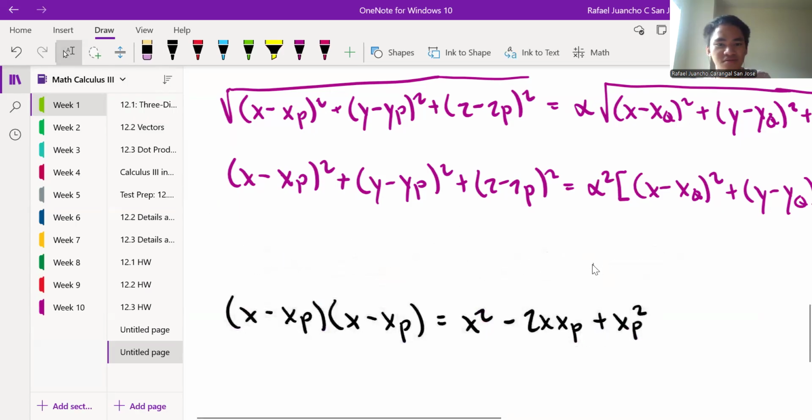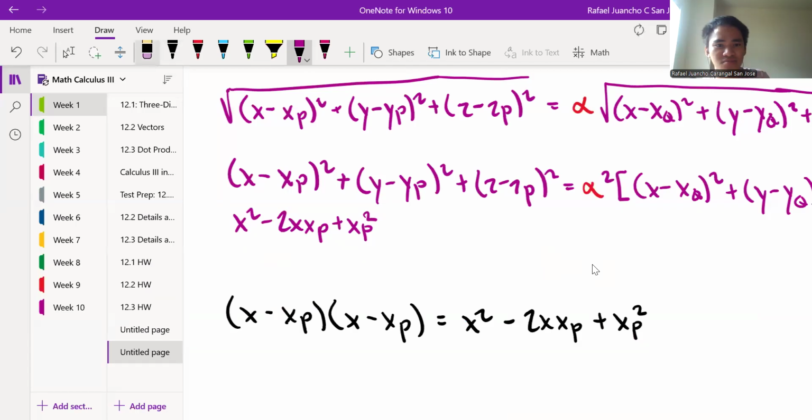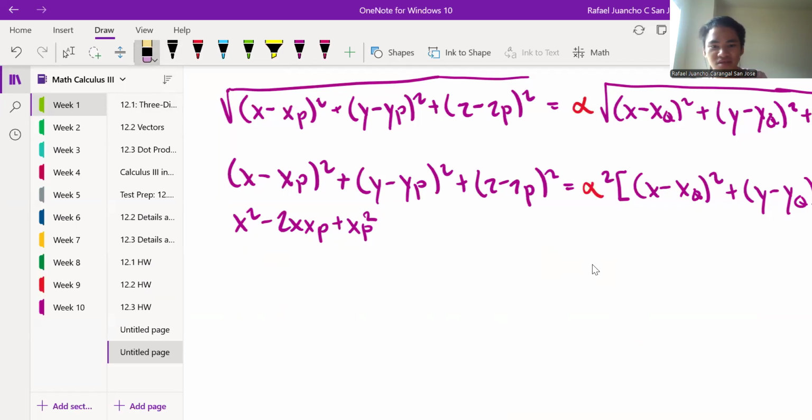And so knowing that, we basically do that for all of them, right? So actually, let me change this to red. I don't know, I just feel like it. Okay, so this is X squared minus 2X XP plus XP squared. That's for one of them.